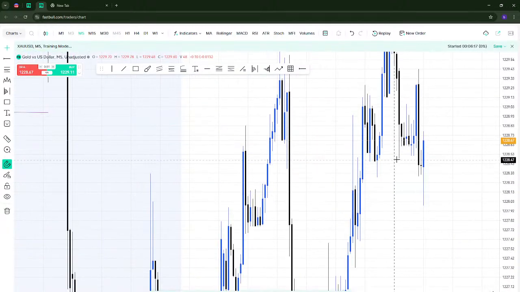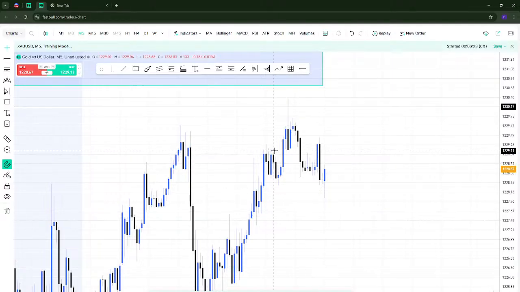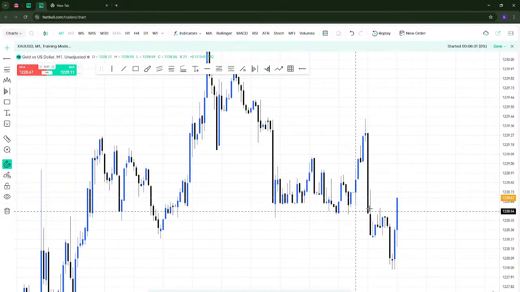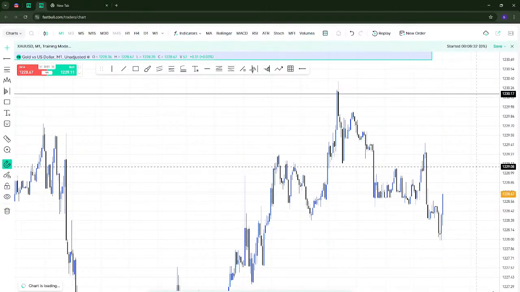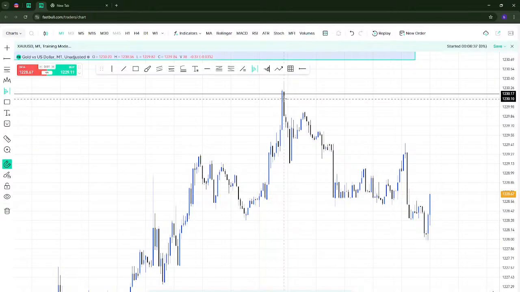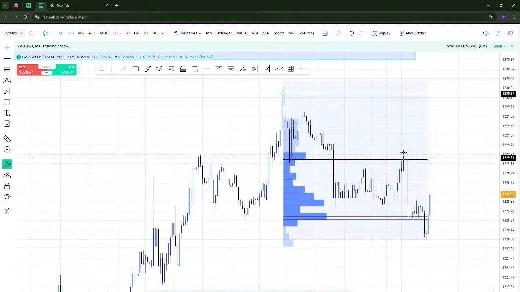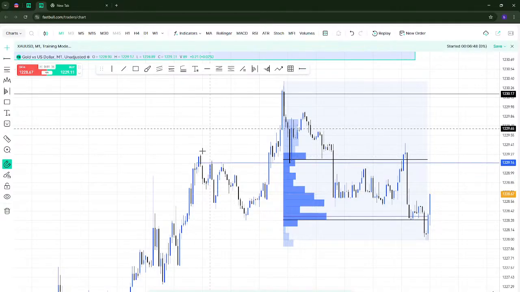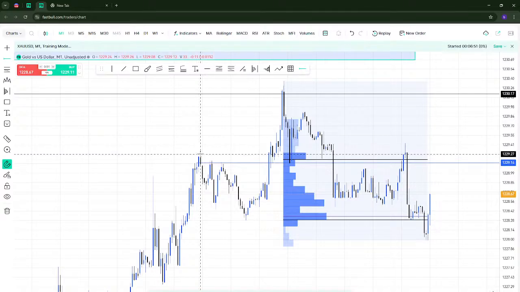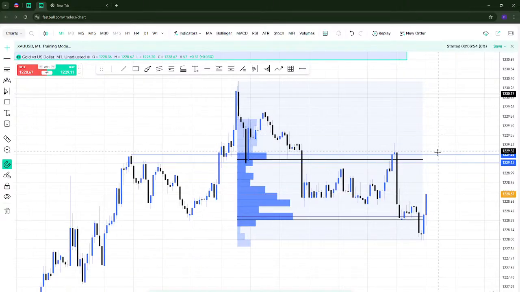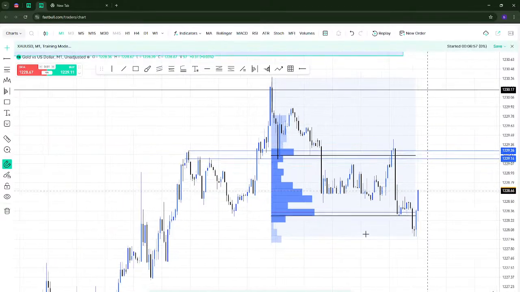So you have to keep time in mind. You have some kind of QM here, some kind of QM. It's already tested, so let's see. So you're expecting this market to come back to the QM here, around this area. So let's see.